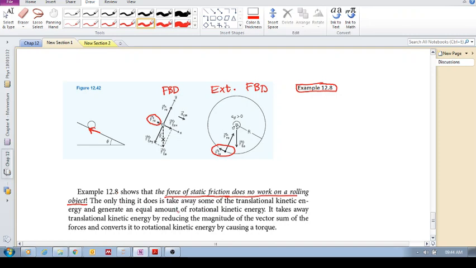The only thing it does is take away some of the translational kinetic energy and generate an equal amount of rotational kinetic energy. It takes away translational kinetic energy by reducing the magnitude of the vector sum of the forces and converts it to rotational kinetic energy, causing a torque. So this is on page 322, if I'm not mistaken. And this example is on the previous page. Okay? So make sure you understand why this is the case.